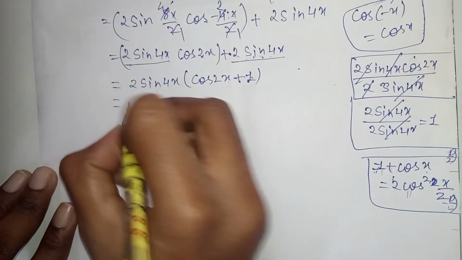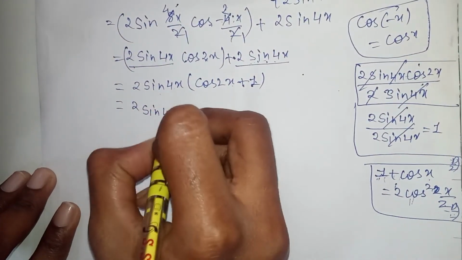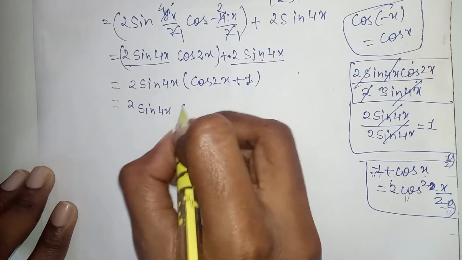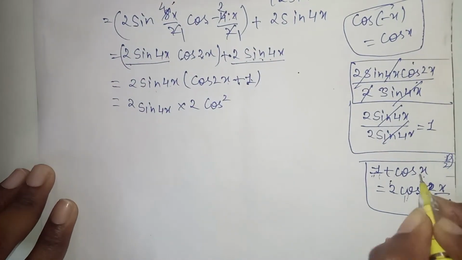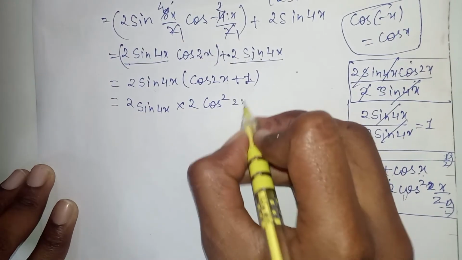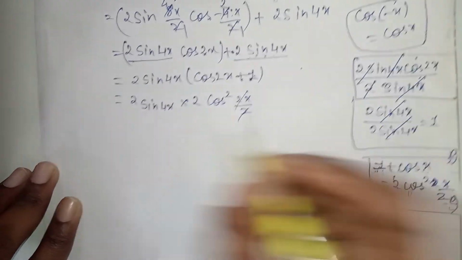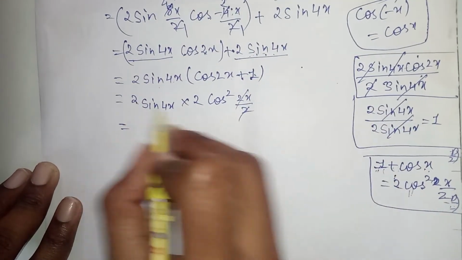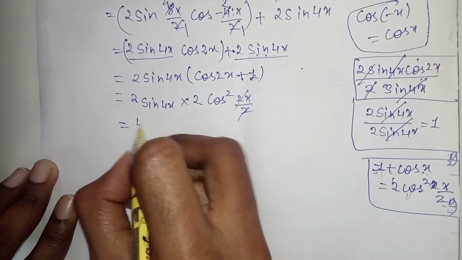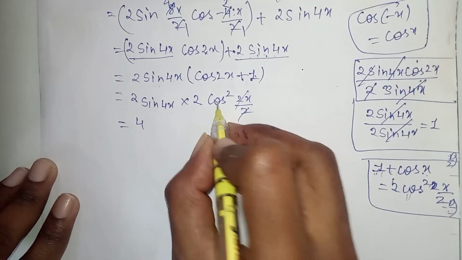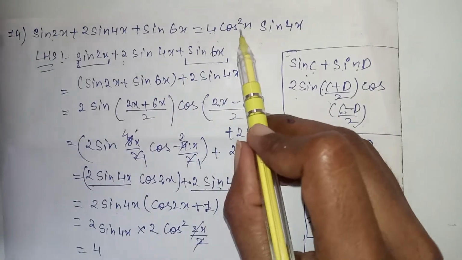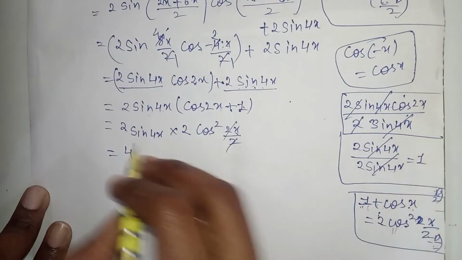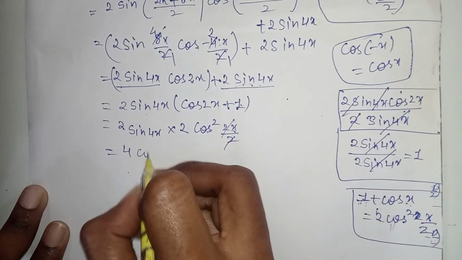So 2 sin 4x, and 1 plus cos 2x becomes 2 cos square, in place of x it is 2x by 2. The 2s get cancelled, so 2 twos are 4. So in the question, what we got is 4 sin 4x cos square x.